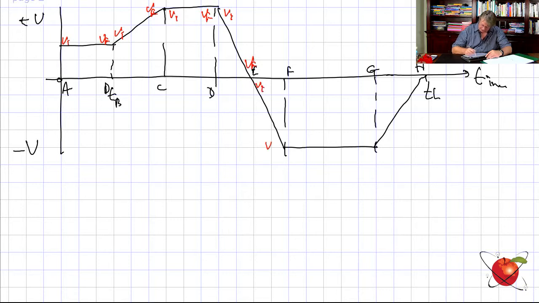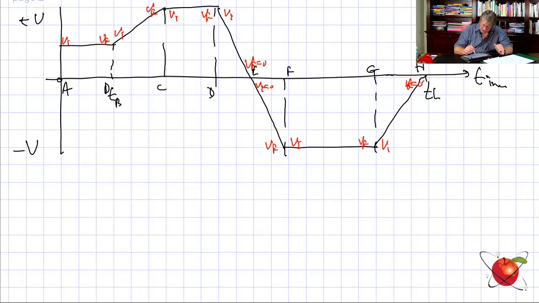VI, VF, right? Remember, it could be displacement instead of velocity. If it was a displacement-time graph, it'd be initial, final, initial, final. And please take note that at these particular points this equals 0. They've told you that at that point it's 0.